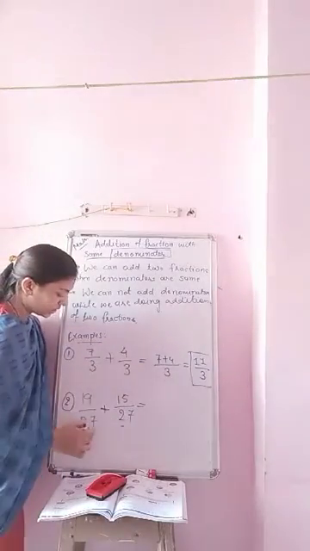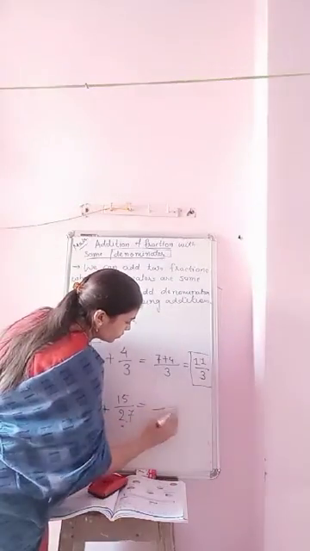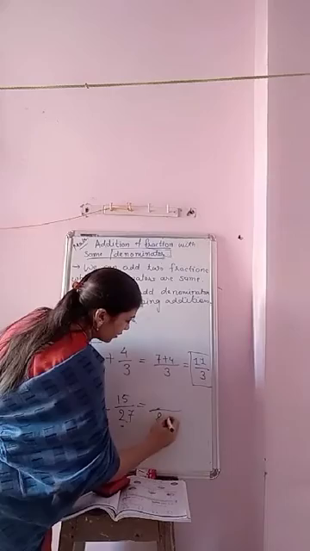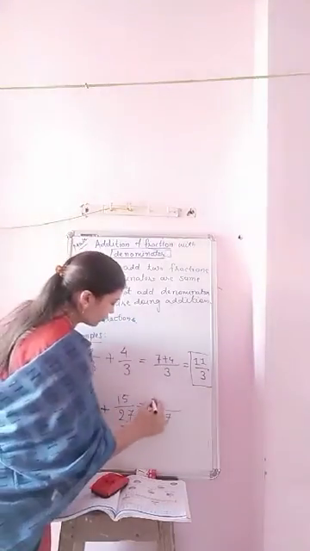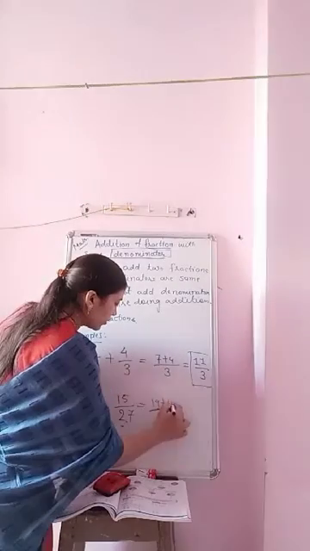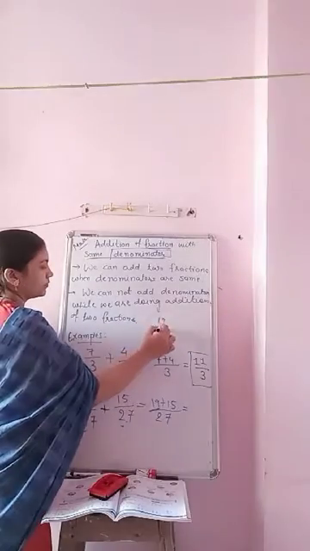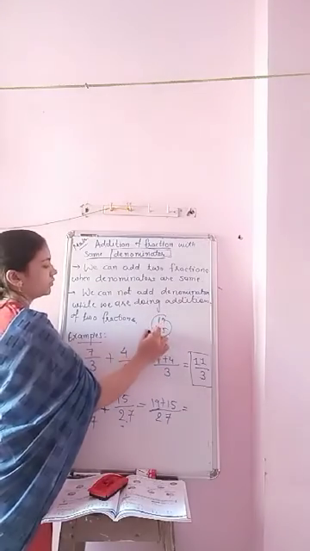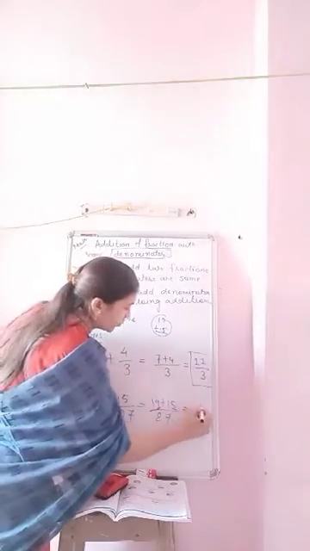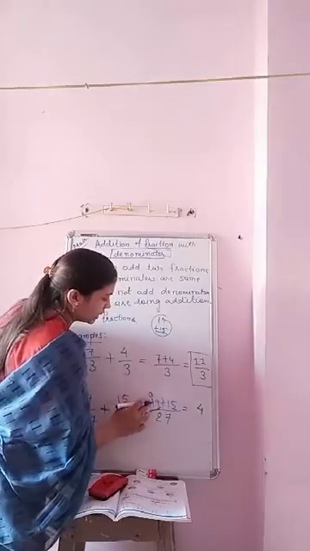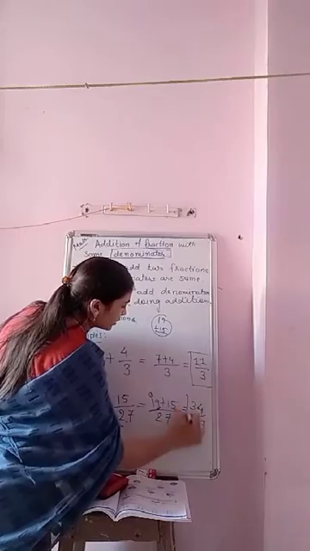First check the denominator. Both are 27. So we can do the addition. As a denominator we take 27. Addition of 19 and 15: 19 plus 15. Otherwise you can see that 9 plus 5, 14, 1 carry, 1, 2 and 3, 34 divided by 27.